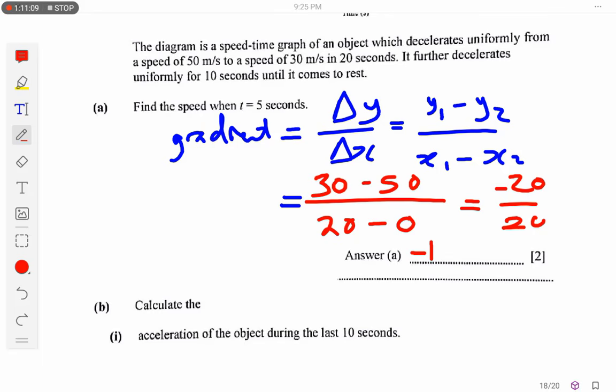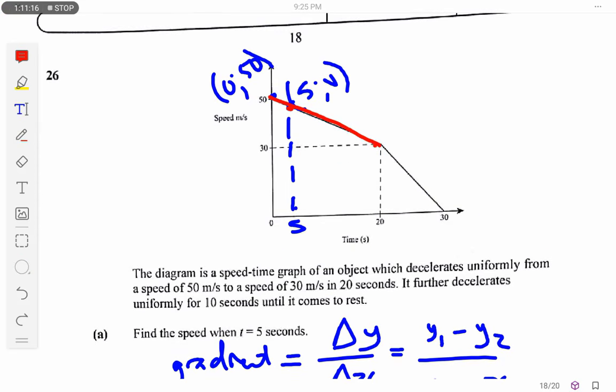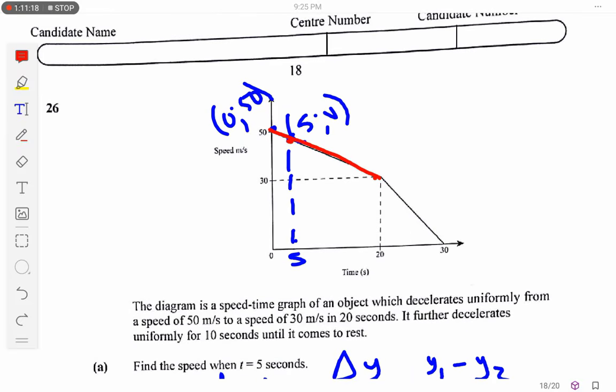Now going to the points that I had, 5 and v, and 0 and 50, I can calculate my speed, also using gradient. So I'll have v minus 50 over 5 minus 0. I'll get minus 1 because it's the same gradient throughout.